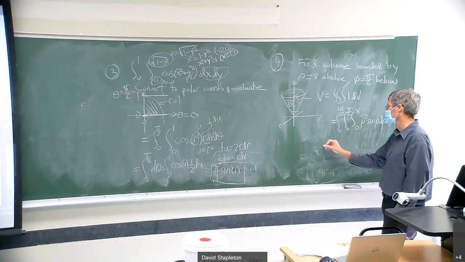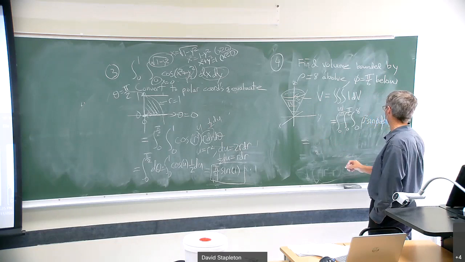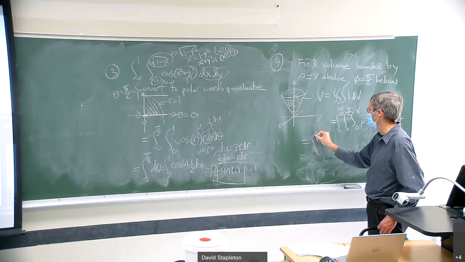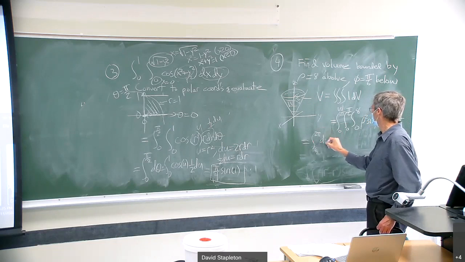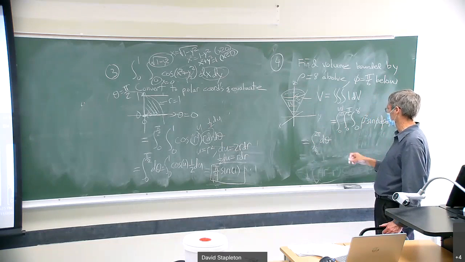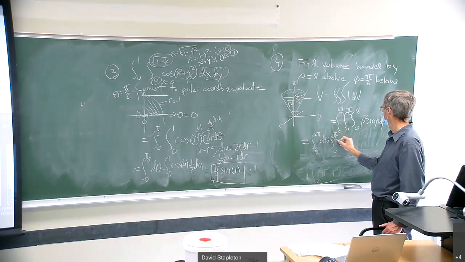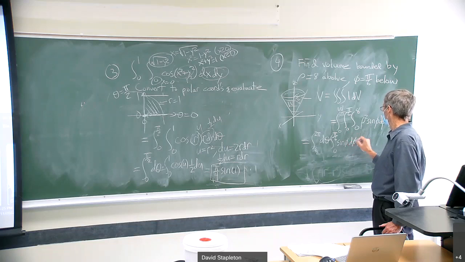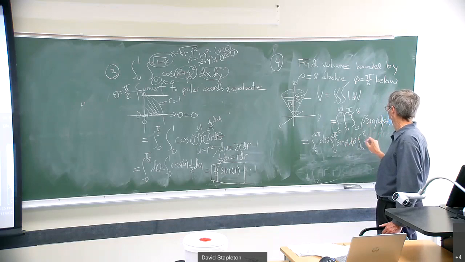This one, I gave you some nice integrals that split this time. This splits into integral 0 to 2 pi d theta. Since we have all constant endpoints and the integrand is a product of functions of each variable, we can do that. 0 to pi over 6, sine phi d phi, 0 to 8, rho squared d rho.